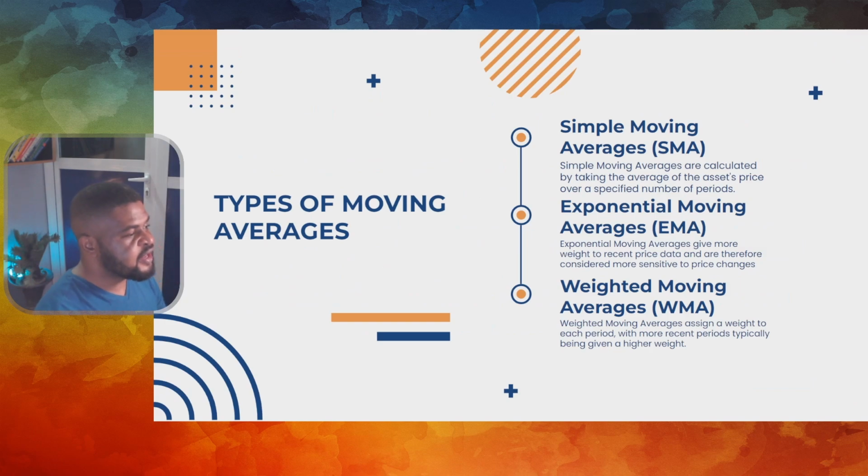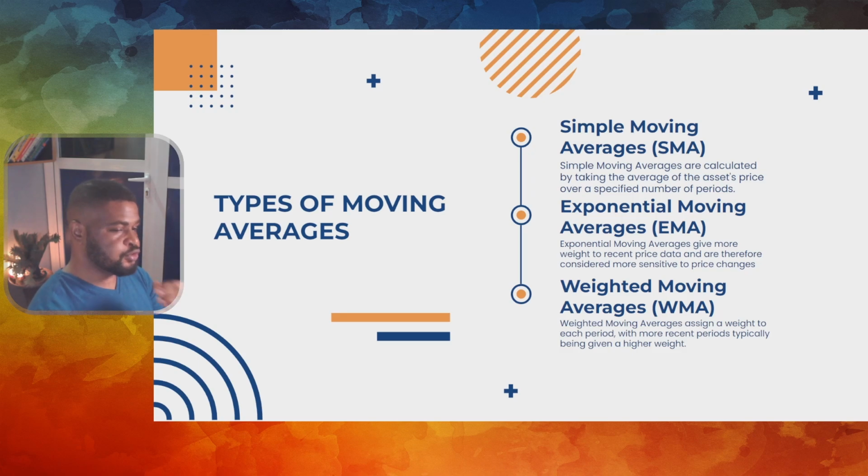Of course, then types of moving averages. We have basically three types of moving averages: simple moving averages, exponential moving averages, and weighted moving averages. The simple moving averages are calculated by taking the average of the asset price over a specified period of time.